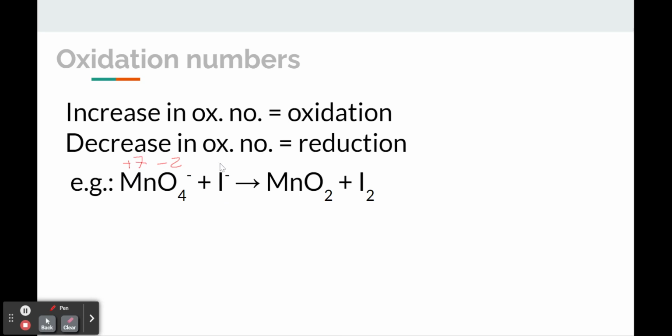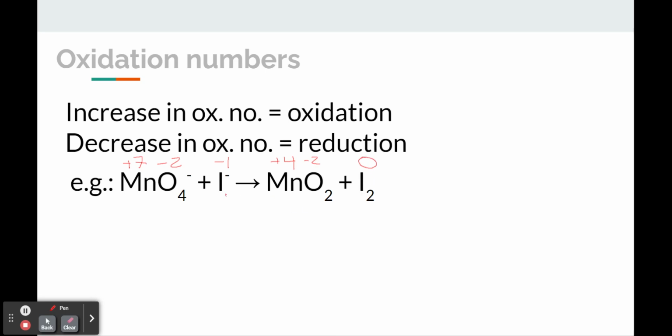Iodide is a monatomic ion, so it's going to have the same oxidation number as its charge, which is a 1 minus. MnO2, oxygen's -2. -2 twice is -4. This is a neutral molecule, so the manganese has to balance that out to 0. So the manganese has a +4 oxidation number. And iodine, I2, that's an element, just pure element, uncombined. So that's a 0.